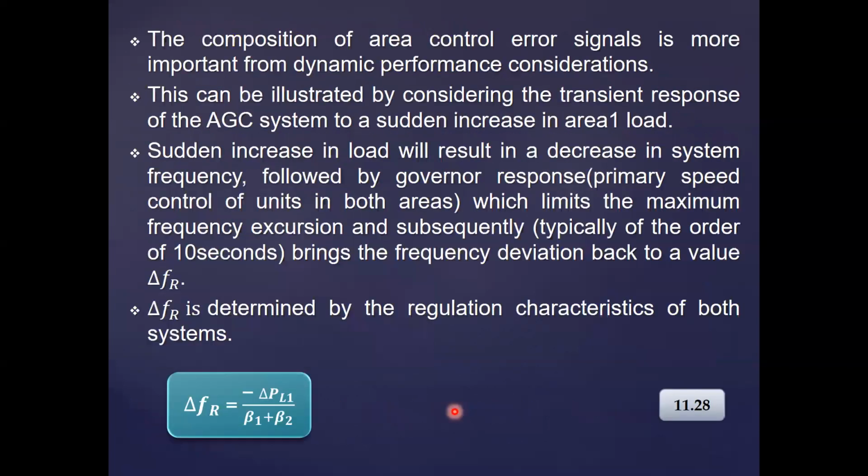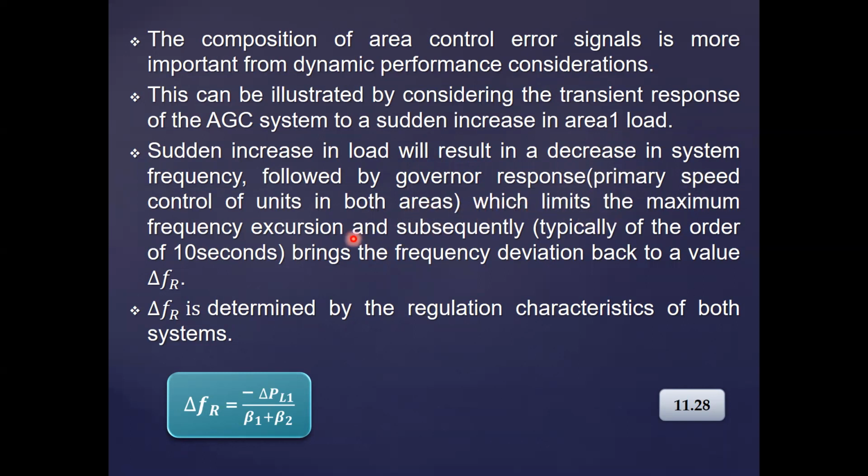And to get that, we understand that whenever you have an increase in the load, it will result in a frequency decrease, and then you will have the governor action through the primary loop in both the areas.